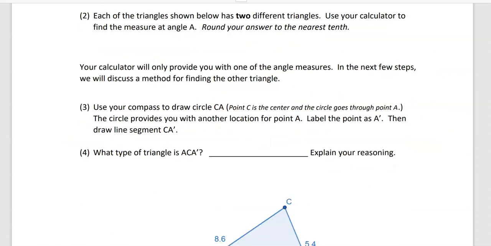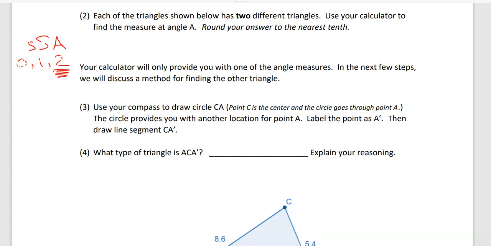For the remainder of this activity, we're going to focus on the two triangle case. Short side, long side, angle is going to give me a 0, 1, or 2, depending on how the sine rule works.